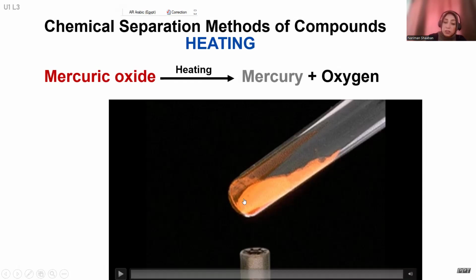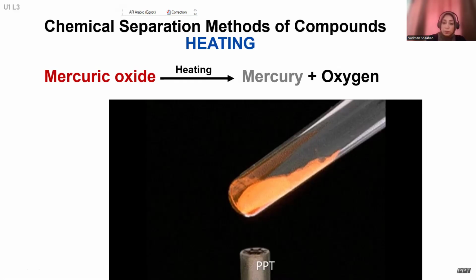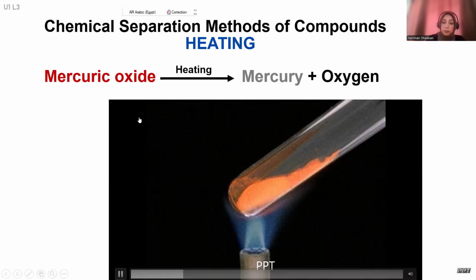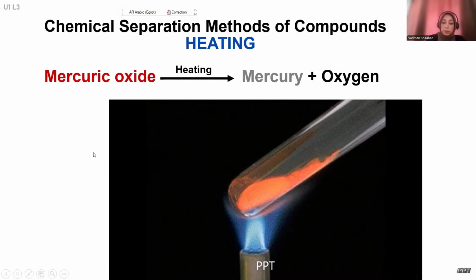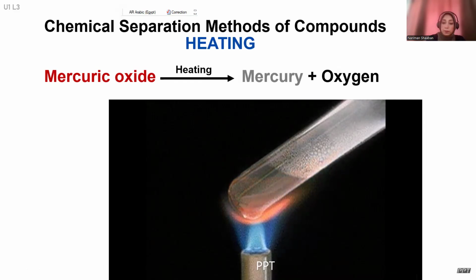Let's see this video. Mercury oxide breaks down or decomposes readily when heated. If we were to weigh the compound before heating and compare its mass to that of the mercury remaining after the reaction, it would seem that decomposition causes a change in the system's mass. The product mercury would weigh less than the reactant.